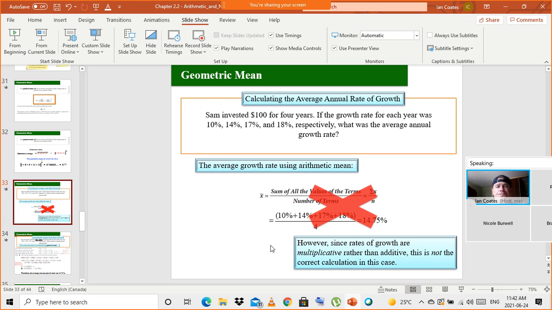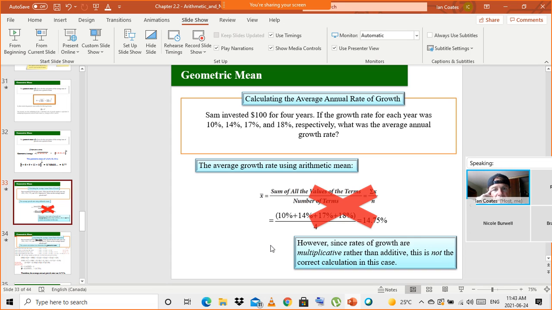Here we go. So Sam, Samantha, somebody invested $100 for 4 years. If the growth rate for each year was 10, 14, 17, and 18%, what was the average annual growth rate over the 4 years? Be careful when you see a percentage question, it might be a little different.